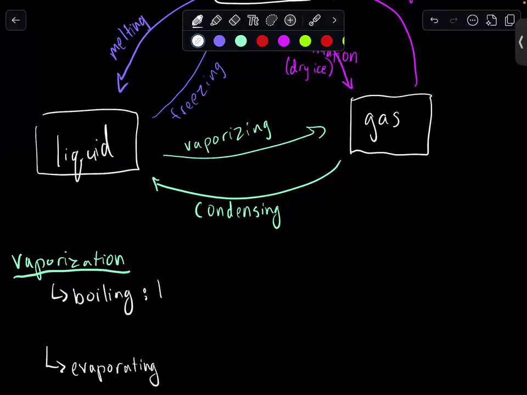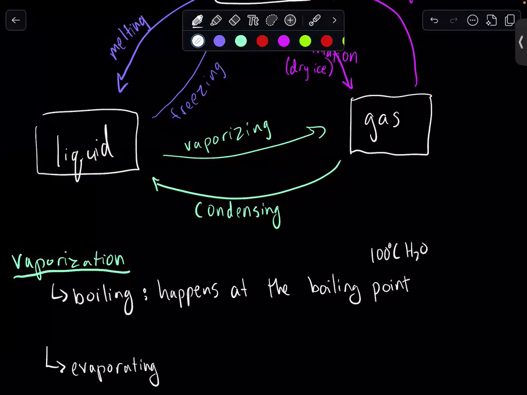Boiling happens at the boiling point. So that is the temperature at which the substance goes from liquid to gas. You've seen this with water, so maybe 100 degrees Celsius for H2O. You generally know that off the top of your head.